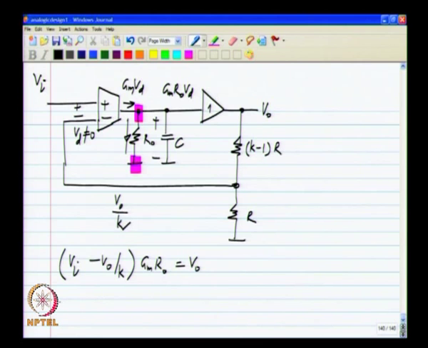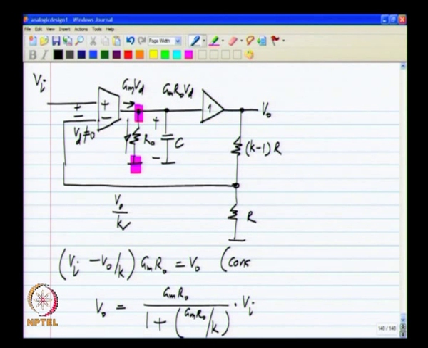So, this says that V naught is GmRo divided by 1 plus GmRo by k, sorry, times Vi, and this is for constant Vi, that is, Vi is DC.